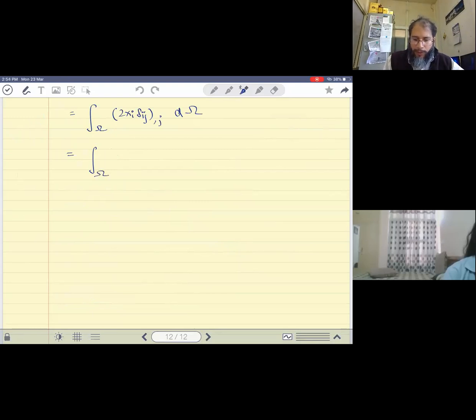Now 2 is simply a constant, so xi times delta ij. Now we can use the substitution property of delta, so this becomes twice xj, and this whole thing is comma j.